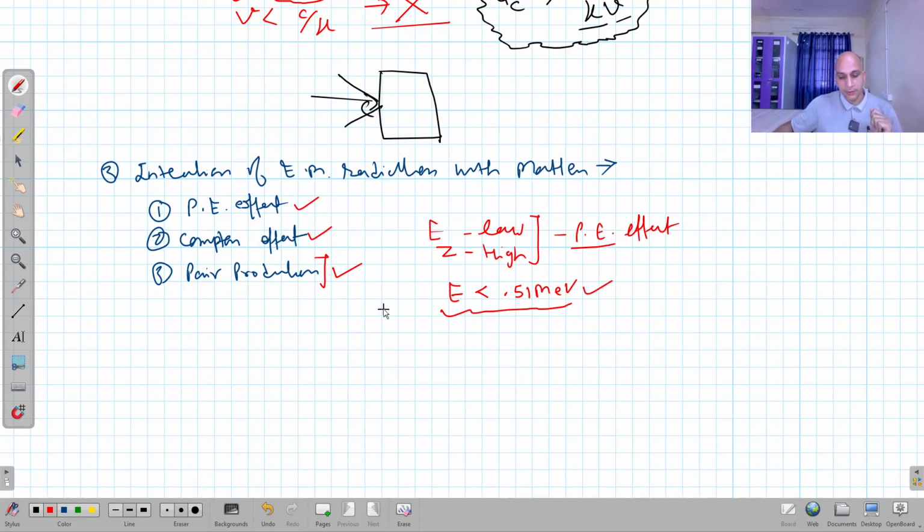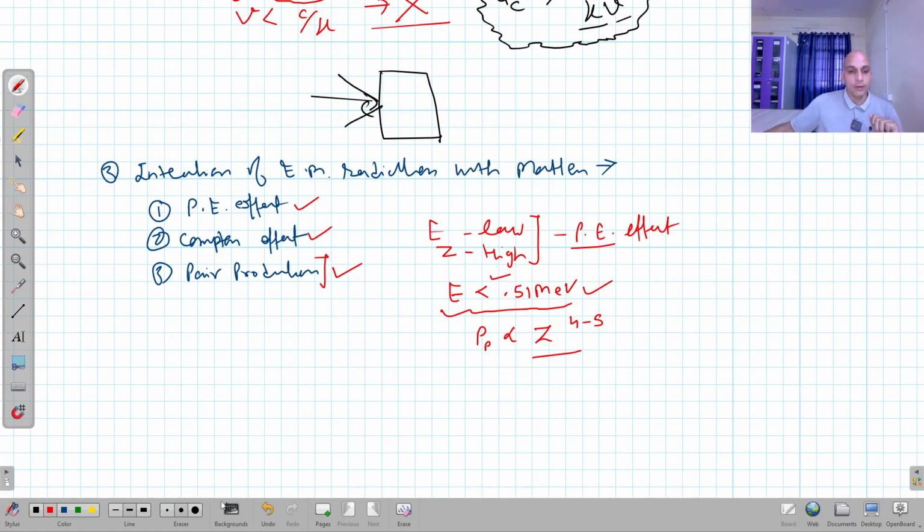What is the requirement of Z? The probability of the photoelectric effect is directly proportional to Z^4 to Z^5. It means the larger the value of Z, the more the chances of the photoelectric effect. The energy should be in this range.